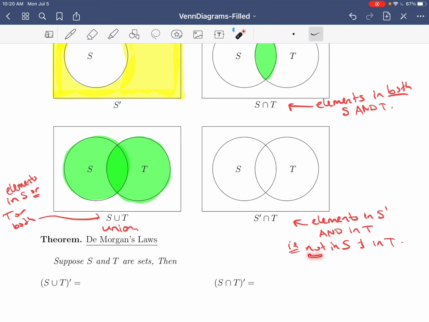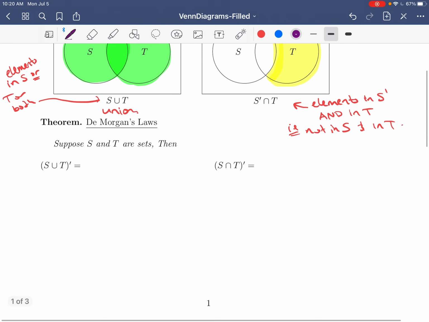So that means both things have to be true. So they have to be in T and not in S. So in T means that they're in this circle. Not in S means that they're outside of this circle. So that's just going to be this region here. This region is in T and it's not in the S circle. So that represents S complement intersect T.